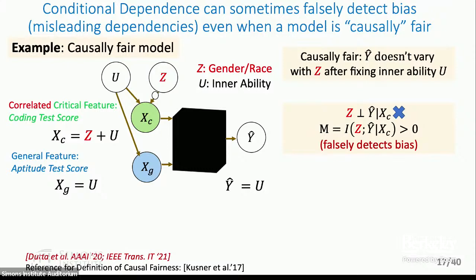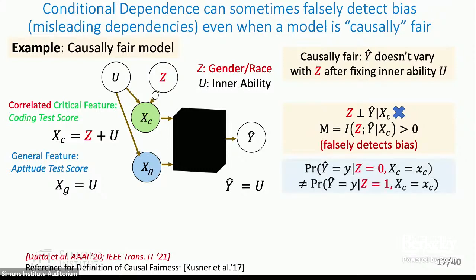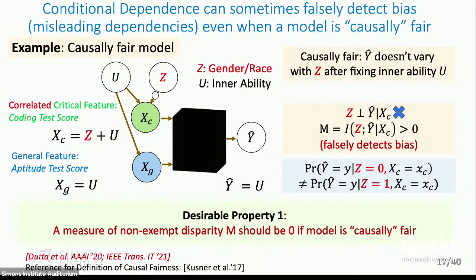That is, given the critical feature, Z and Y hat are not independent. That is, this conditional independence does not hold for this particular example. So this motivates a desirable property that the measure of non-exempt disparity should be 0 if the model is causally fair.